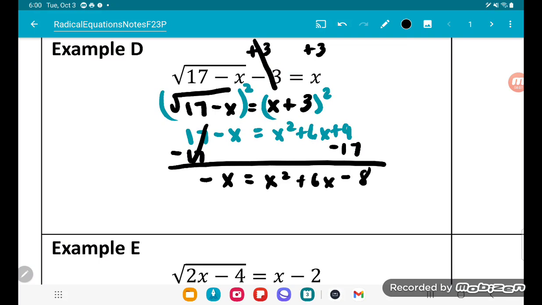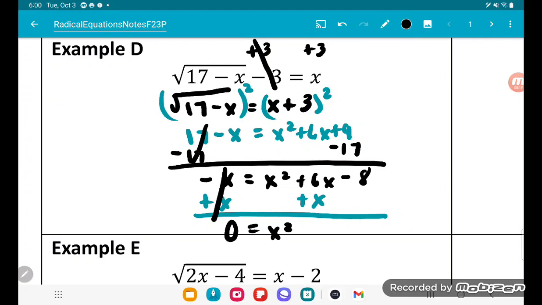Then I'm going to add x to both sides. Remember to combine like terms. So 0 equals x squared plus 7x minus 8. The x has to add to the x term.